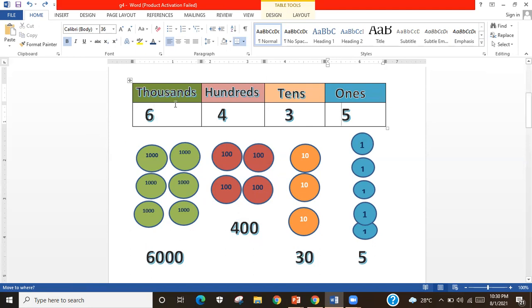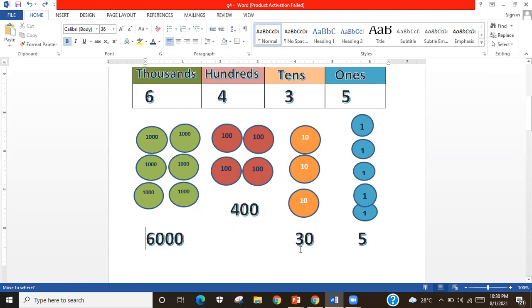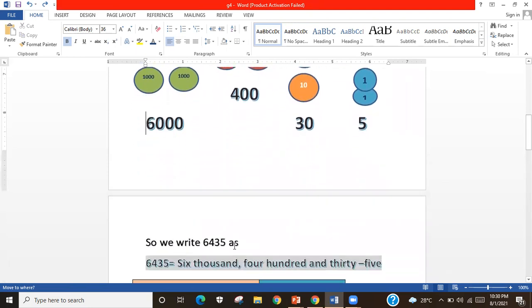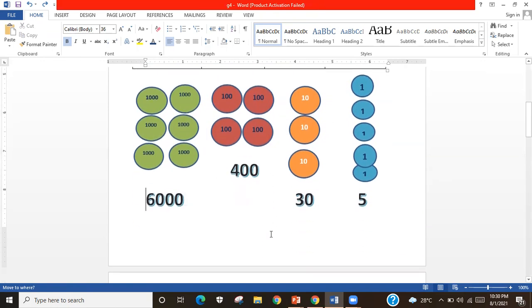How will you count them together and how will you read them? You can say this is 6,435. So how will you write all of the four digits combined together?